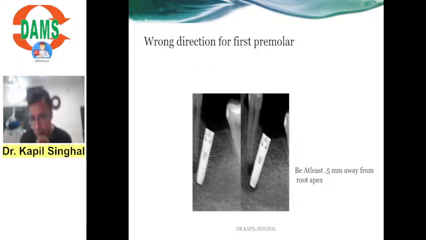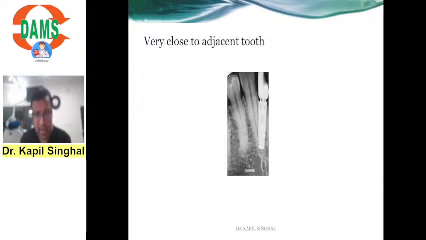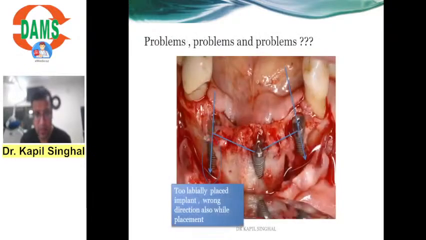Ideally, you need to be at least 1 to 1.5 mm away from the root apex, and also away from any place on the root, to prevent any damage to the adjacent tooth. Okay, clear? So stay away from the adjacent tooth. Don't go into the PDL space of the adjacent tooth either.